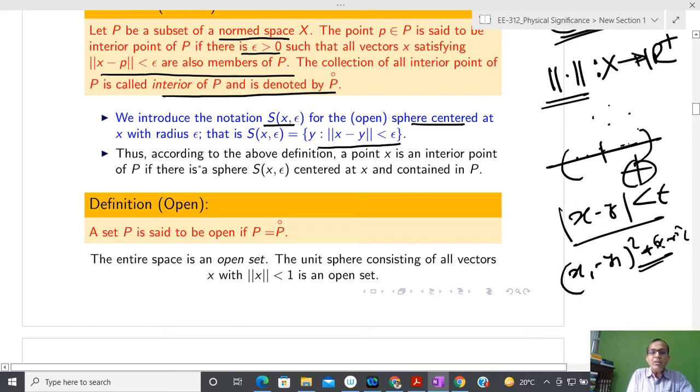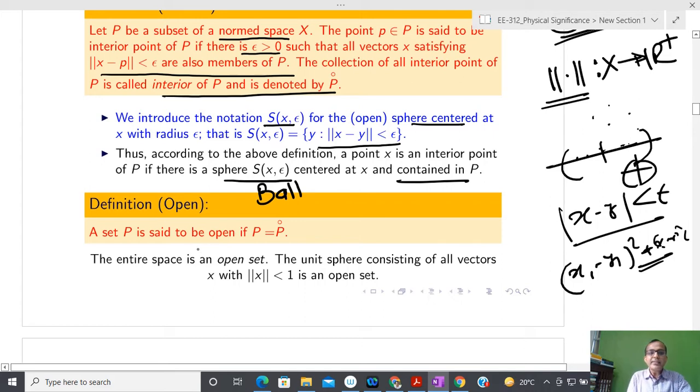Okay, now according to the above definition, a point x is an interior point of P if a sphere, I mean the ball centered at x, is contained in P. So interior means that if I have to check whether some point is an interior point, I will take that point and construct some kind of sphere around it, and I have to make sure that it lies inside this P, then we say that it is an interior point.